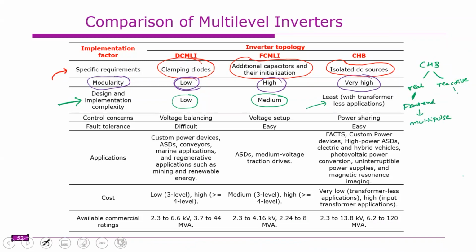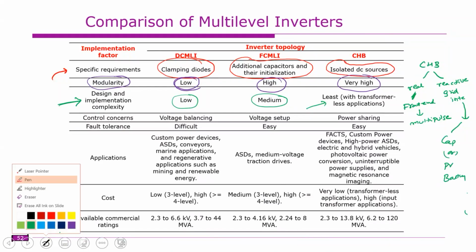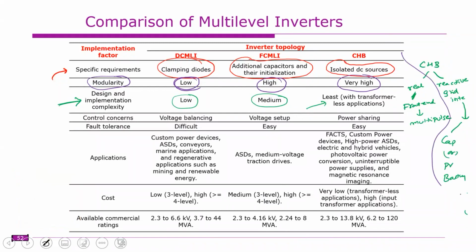In case of reactive compensation or applications like grid integration, either you require capacitors or PV sources or batteries. So this approach is least, that means cost effective. The cost of this is also less and the complexity is also very less.